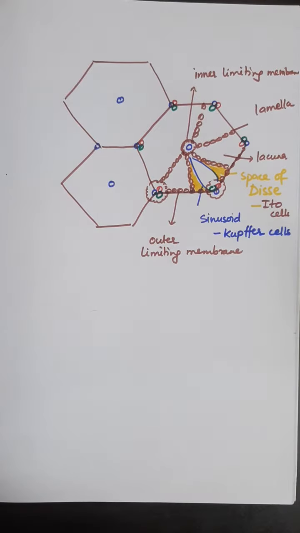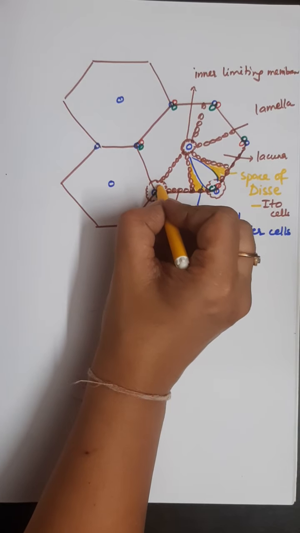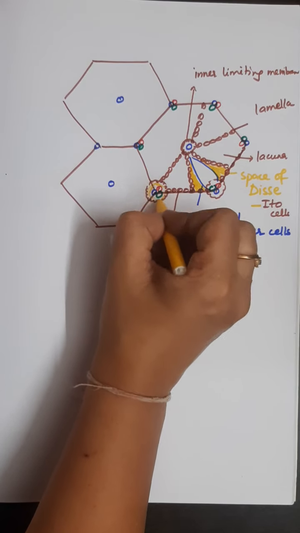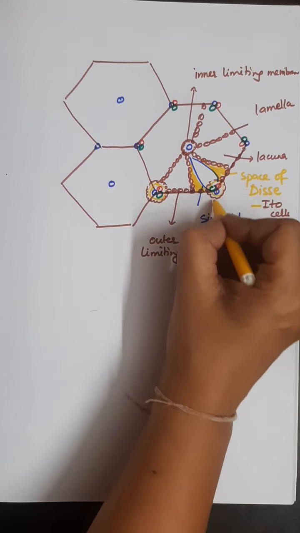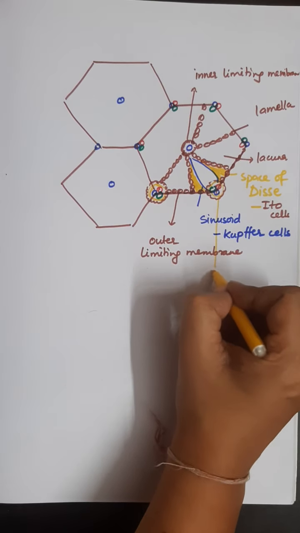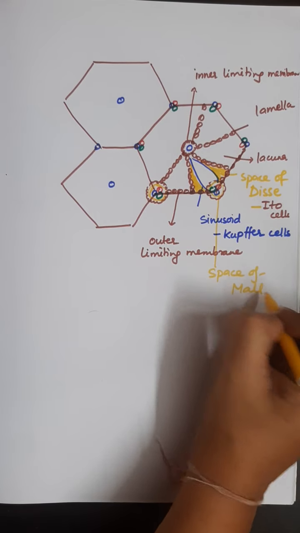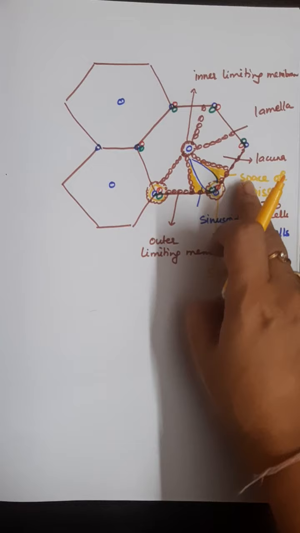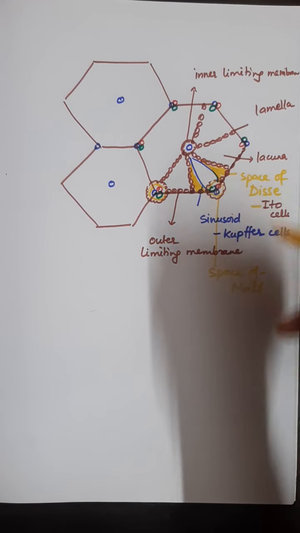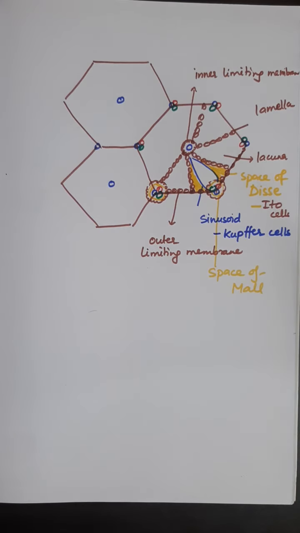So you see, around the portal triad also there is a space, and this yellow space over here is called space of Moll. This space of Moll is continuous with the space of Disse, and lymphatics starts from the space of Moll.